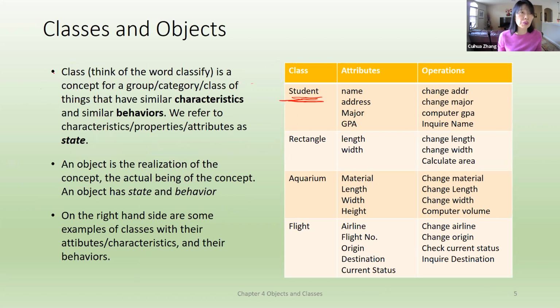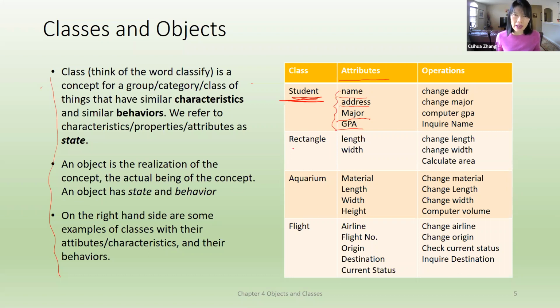I will just assume you have read all this. One characteristic of every student is each student has a name, an address, a major, a GPA, a balance due, a phone number. Those are all characteristics, and we also call them attributes. Properties, attributes, characteristics, they are the same. They are interchangeable.